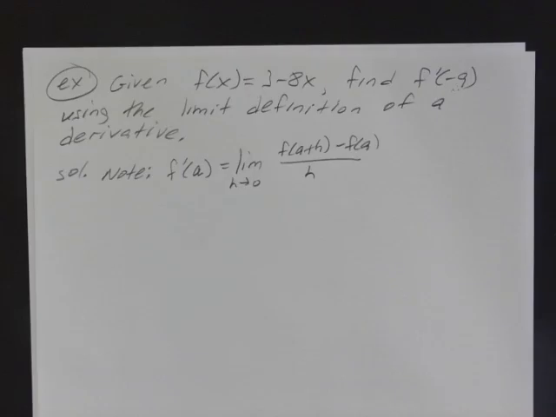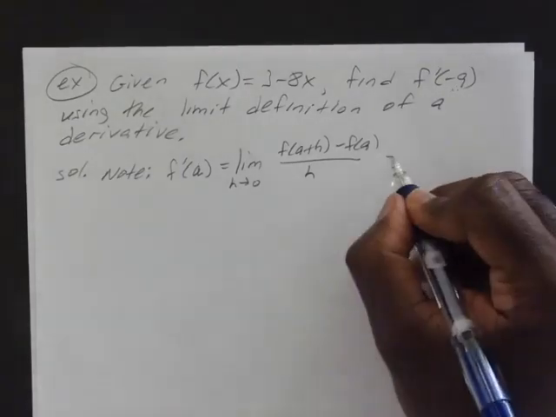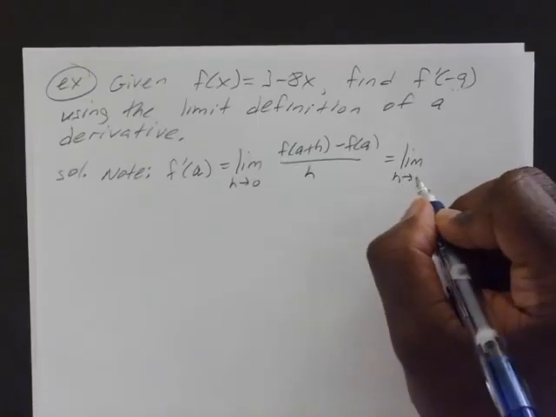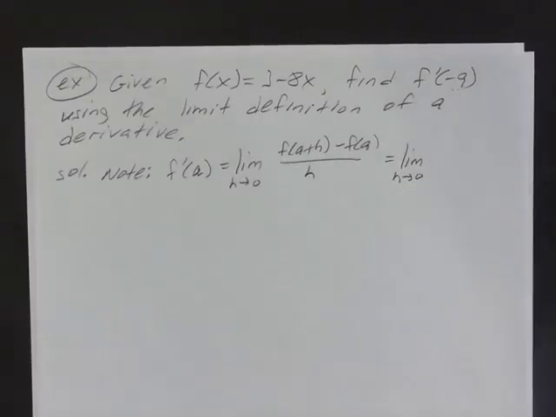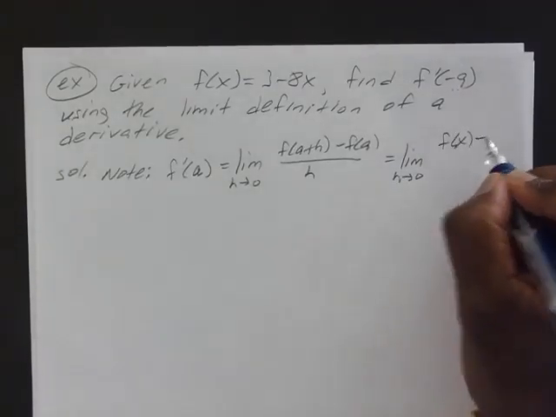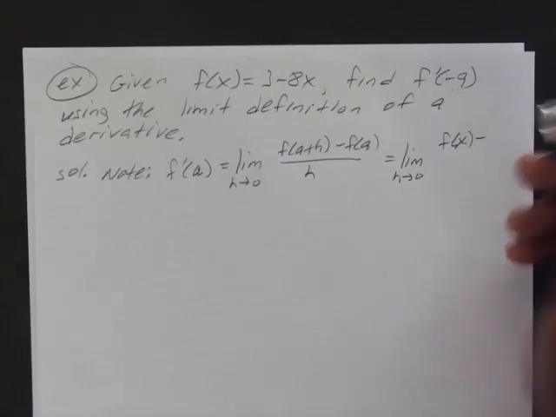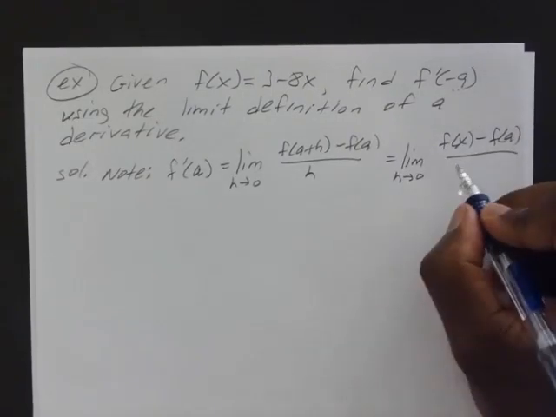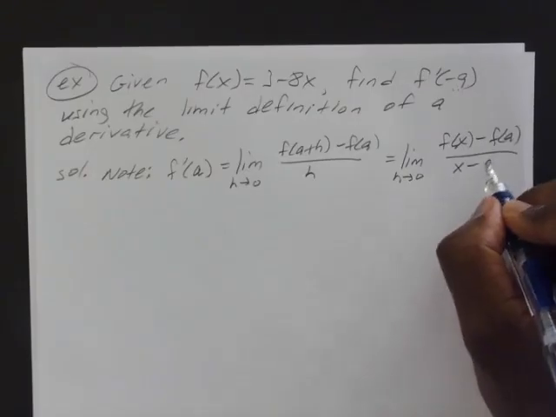But remember, there was a second definition when you know the value of a. That was f of x, and it had minus f of x 0, but sometimes they call it f of a. F of a all divided by x minus a.